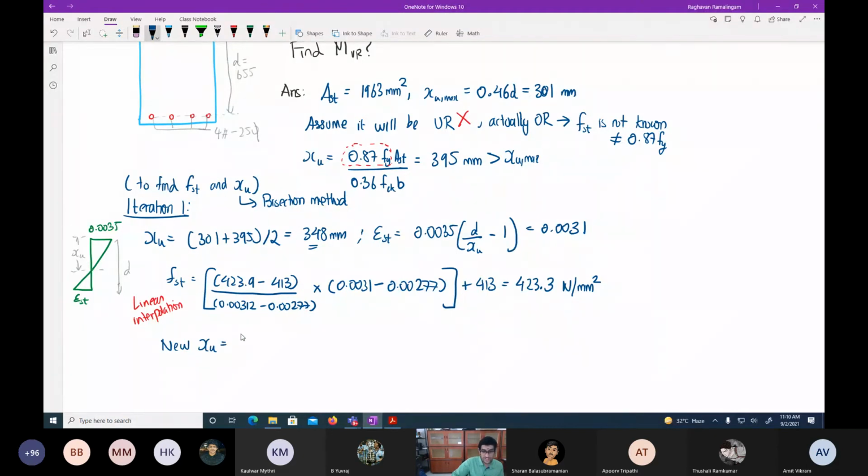How do you find it? Instead of 0.87 Fy, you just say Fst Ast divided by 0.36 fck. The Fst you have found here is 423.3, so use that. Ast is 1963, 0.36 fck is 20, b is 300.